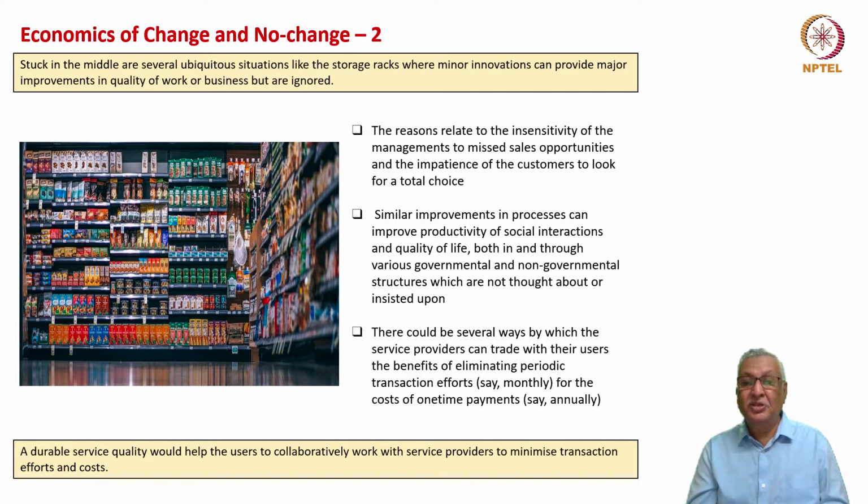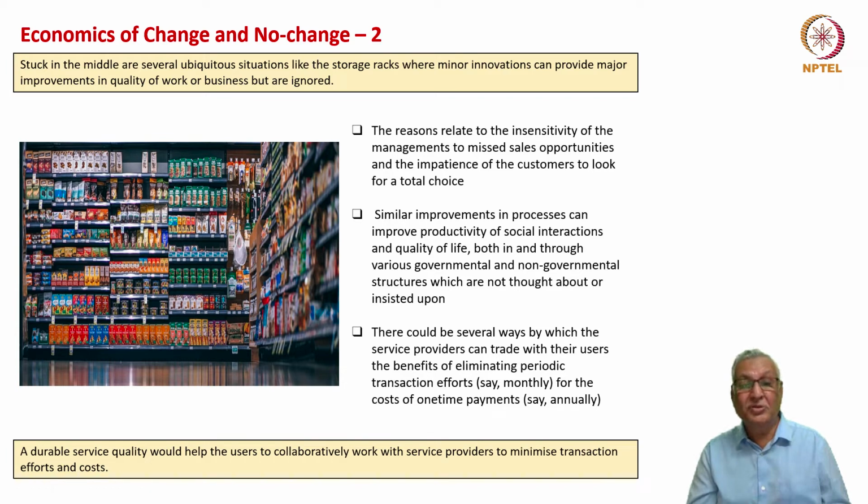Similar improvements in processes can improve productivity of social interactions, quality of life, both in and through various governmental and non-governmental structures, which are not thought about or insisted upon. There could be several ways by which the service providers can trade with their users the benefits of eliminating periodic transaction efforts, say monthly, for the costs of one-time payments, say annually.